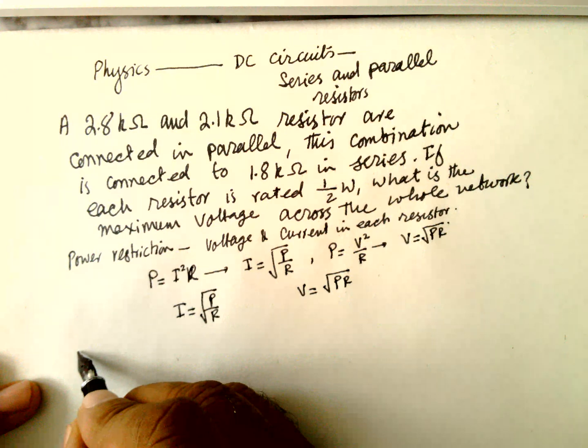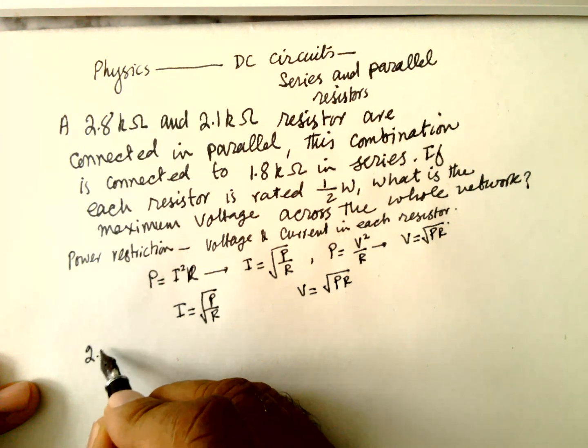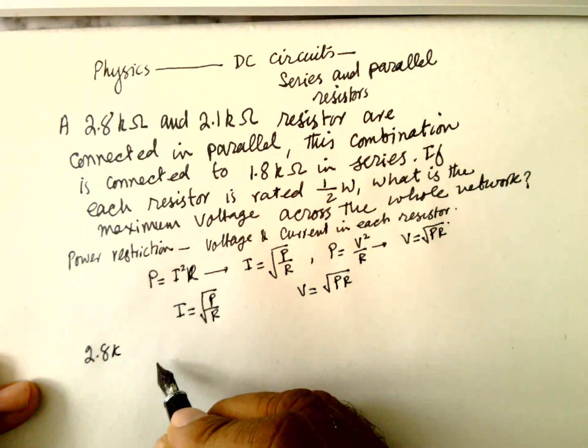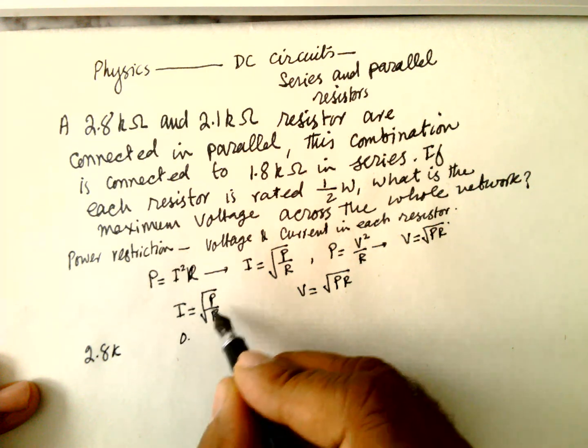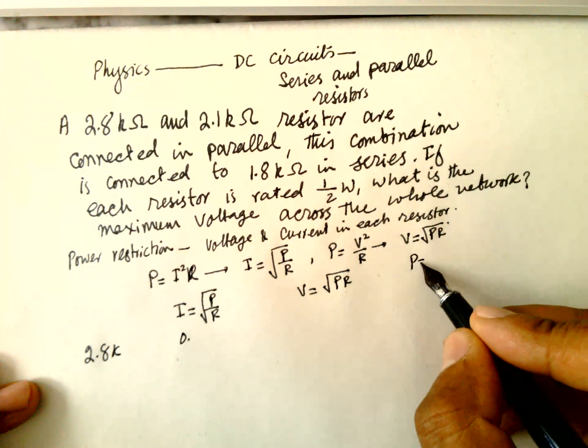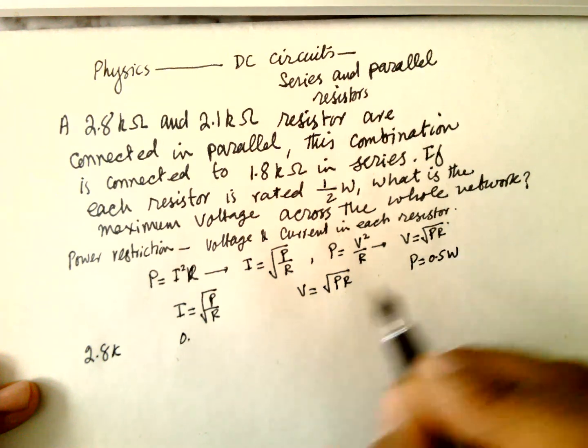So the resistor 2.8 kilo ohm. For this one the power is half watt.